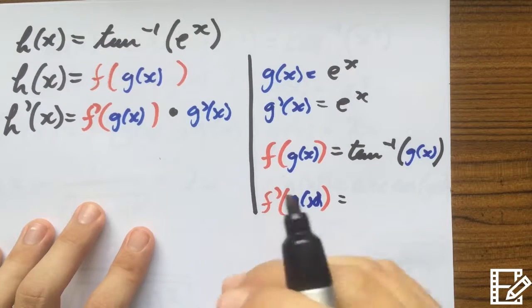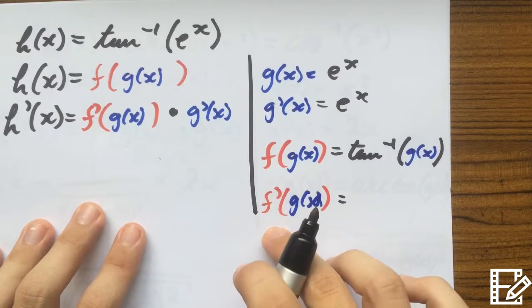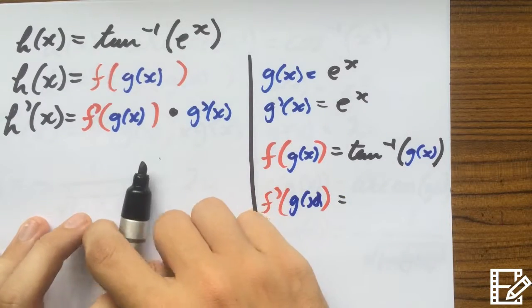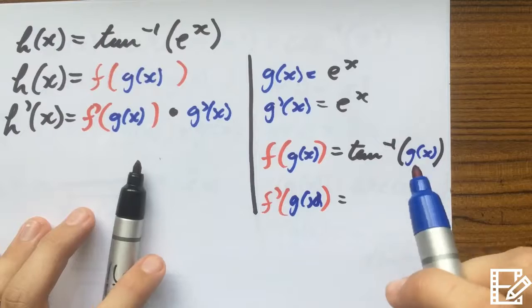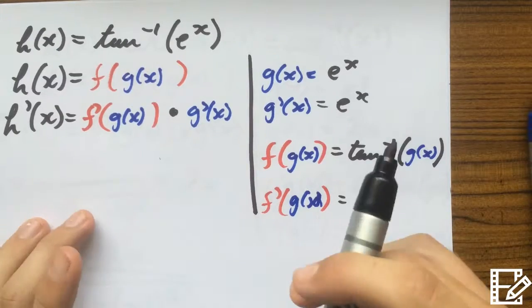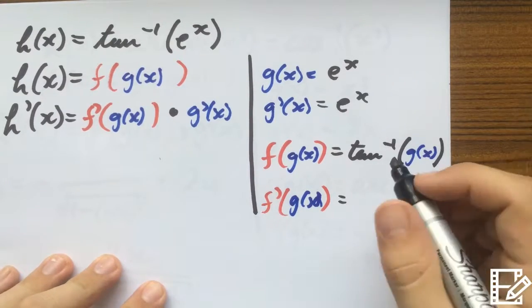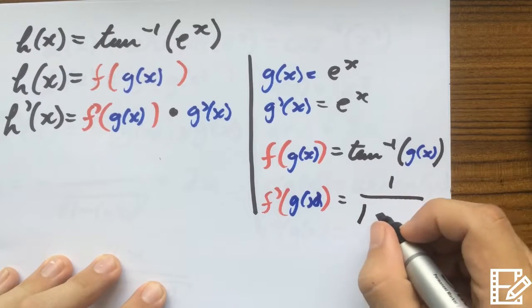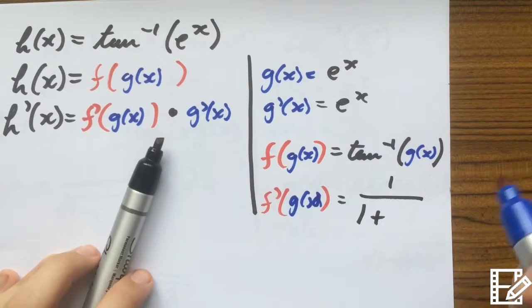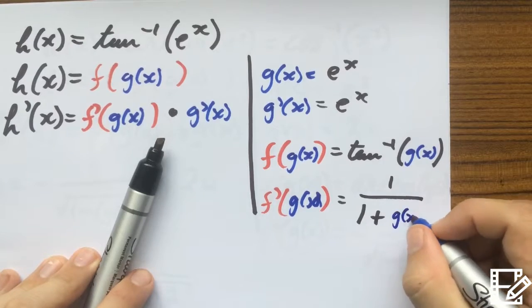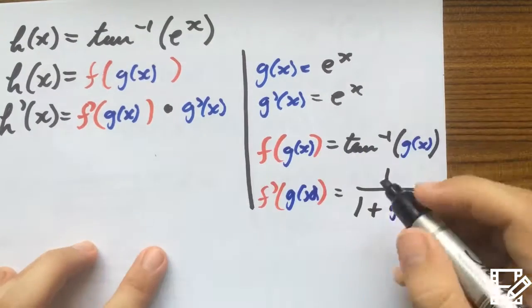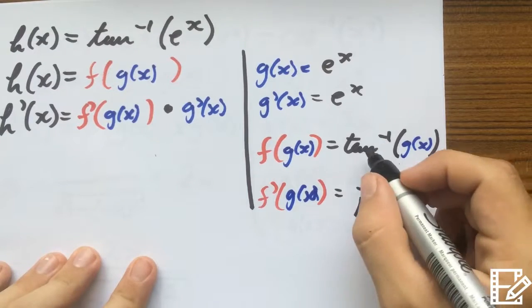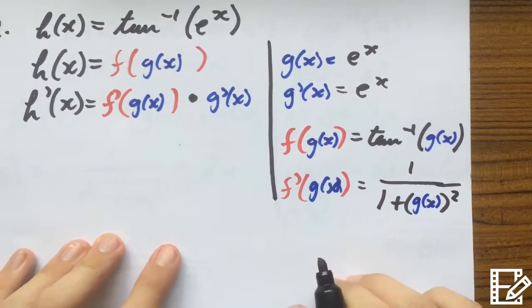Then the derivative of the outside function, while leaving the inside function the same: the derivative of inverse tangent is 1 over 1 plus g(x) squared.